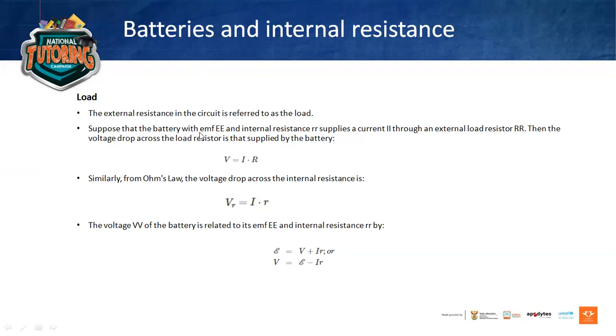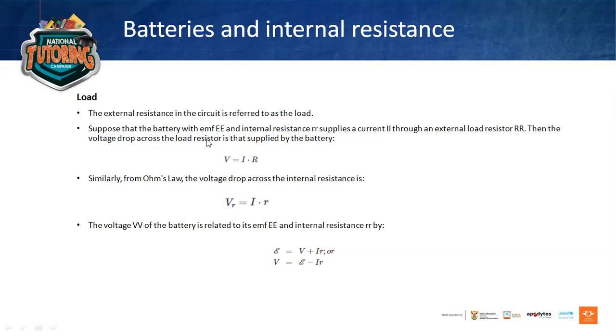So suppose a battery has an EMF and internal resistance r, and supplies a current I through an external load resistor R. We're using the different letters just to denote that now we're talking about internal parameters.